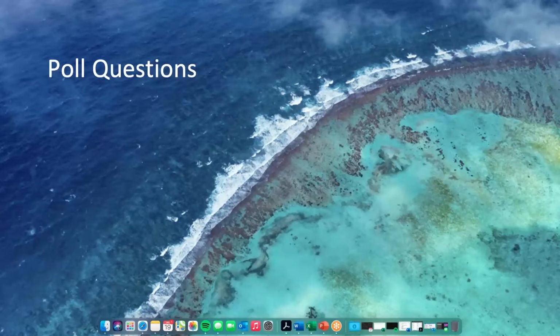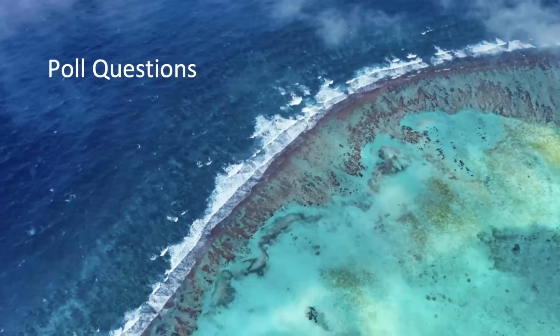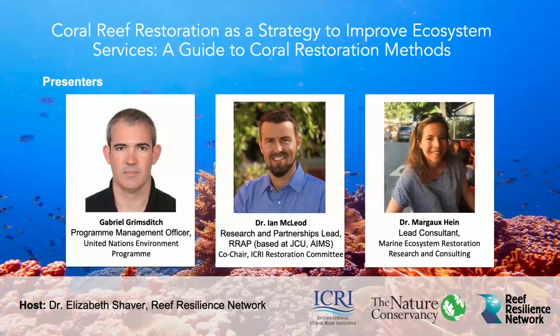So let's now get into the presentation. Today we are lucky to have 3 speakers who are all authors on this new UN report. We will first hear from Gabriel Grimstitch, who is the Program Management Officer for the UN Environment Program. Next, we will hear from Dr. Ian McLeod, who is an Assistant Director for Trop Water and Associate Professor at James Cook University.